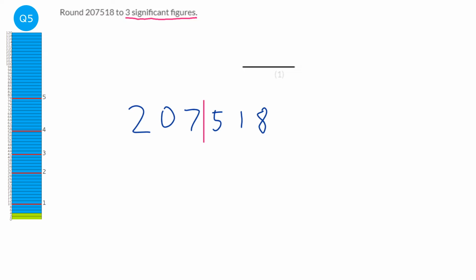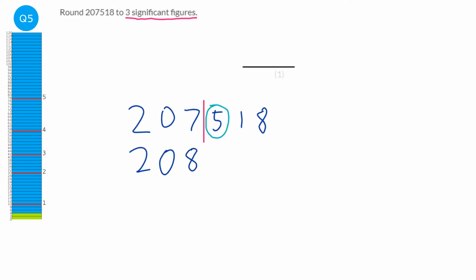All the numbers to the right, these numbers here, will all turn to 0. But before that happens, we look at this number. If it's 5 or more, it moves this number up by 1. If it's less than 5, that number stays the same. It is 5 or more, because it is 5. So it's not going to be 207, it's going to be 208.